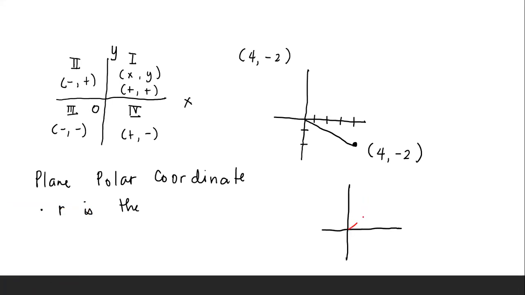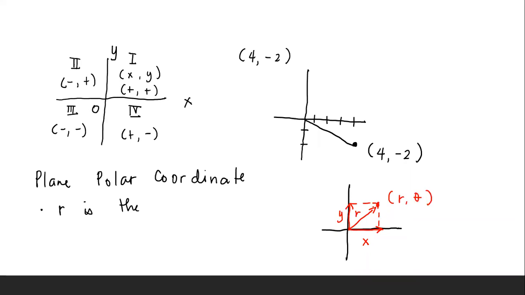You have your r here. This one would be our r. Since it is lying on the first quadrant, therefore your y is going upward. You have your y. Then we have your x. Okay, this point would be your r, theta.